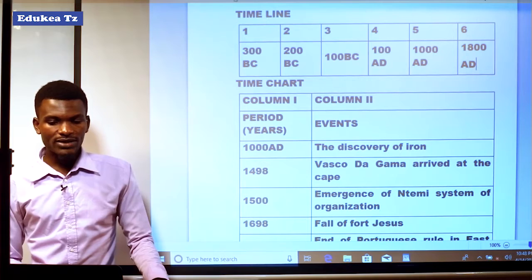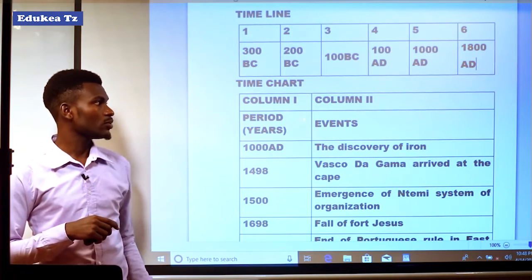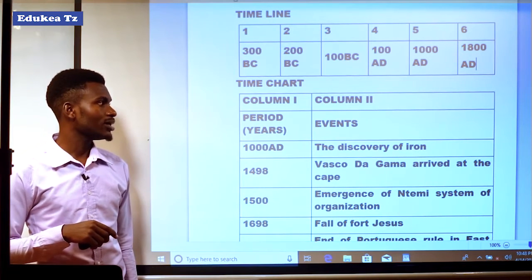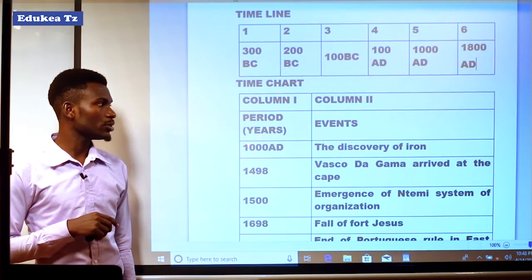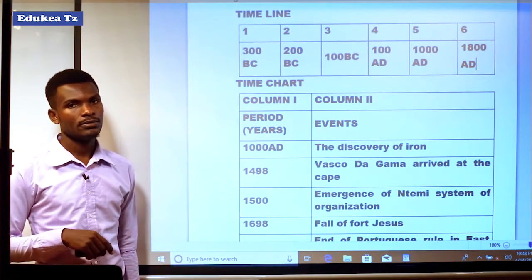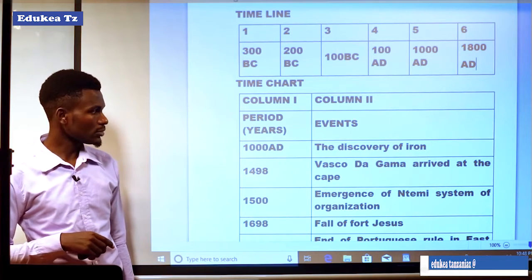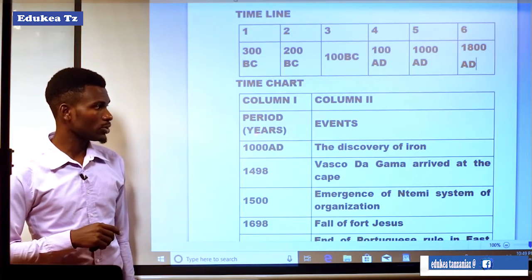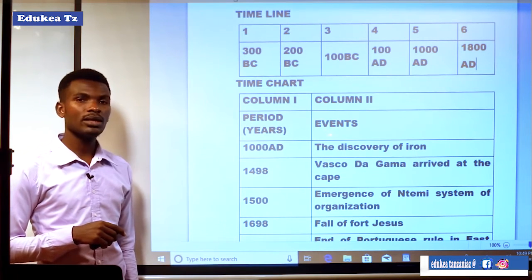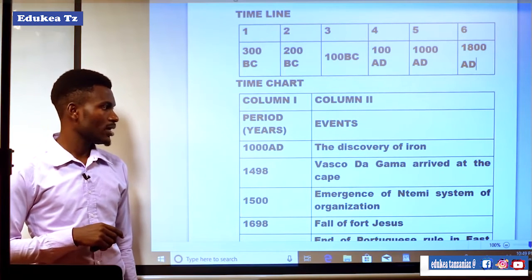Then after the timeline there is the time chart. A time chart comprises column 1 and column 2, showing the periods or years and the events that occurred in those years. That's what we call a time chart. Here there are periods or years, and in the other column there are events.